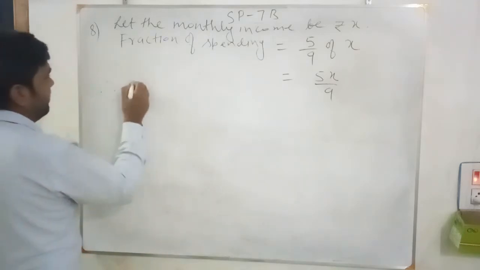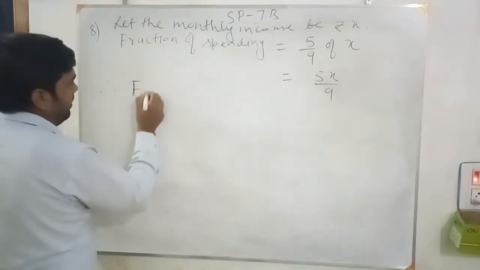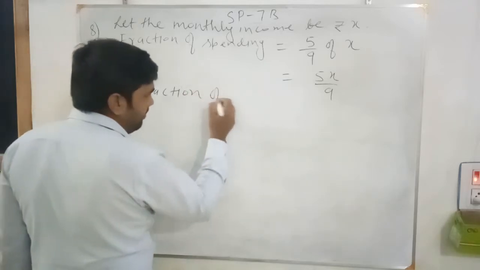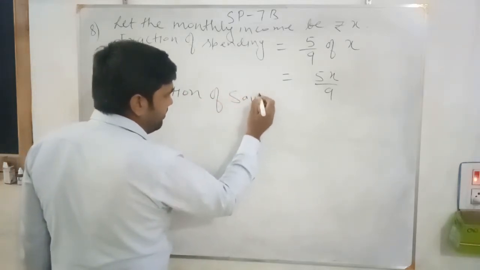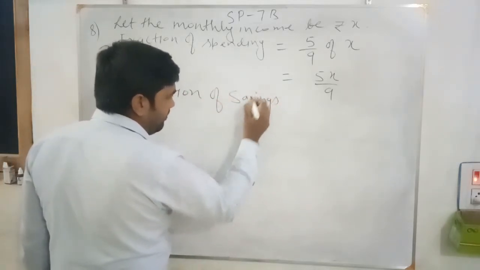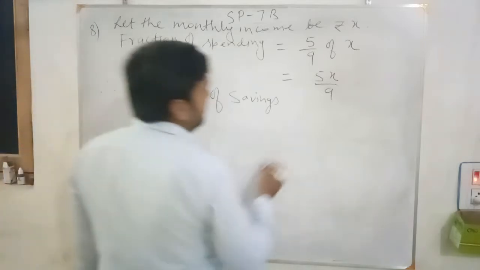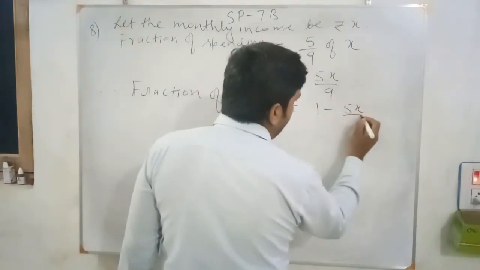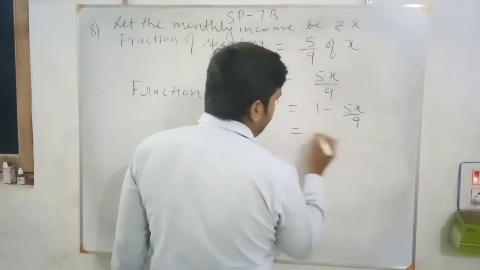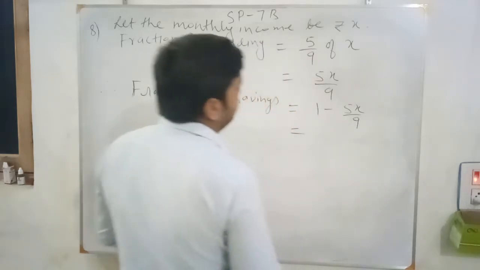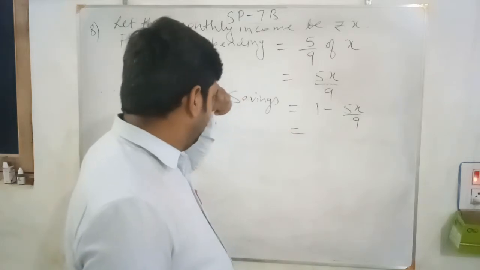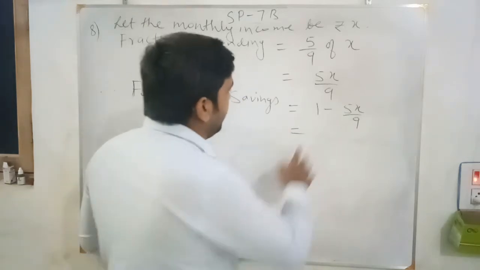Therefore fraction of saving equals to x minus 5x by 9. Total income is x.